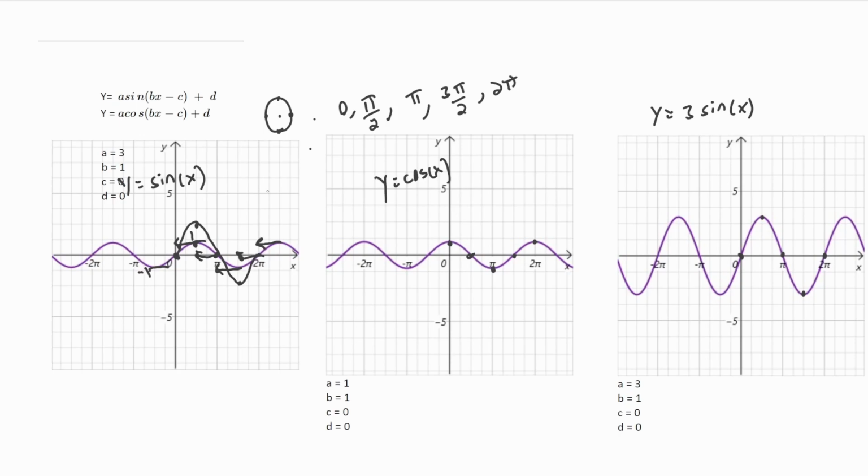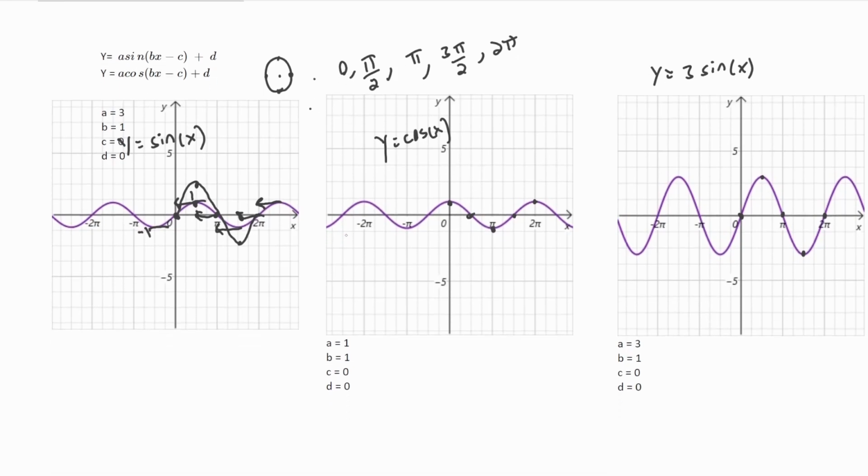So if we wanted to look at the trig functions themselves, we typically talk about certain features, and one of which is the amplitude. So if we have y equals a times the sine of x, or y equals a times the cosine of x, this multiplier here is going to stretch the graph vertically or compress it vertically.